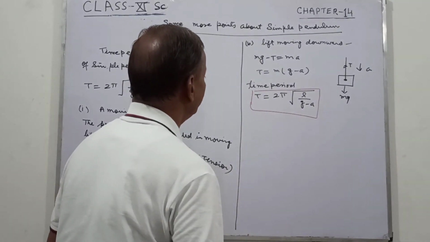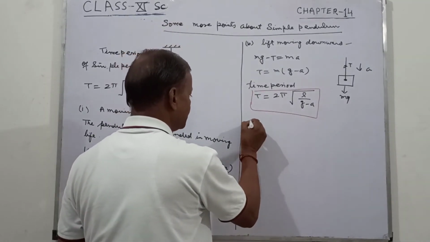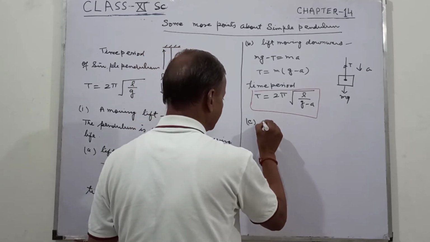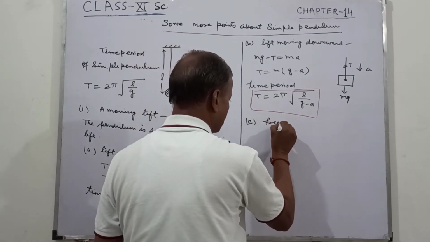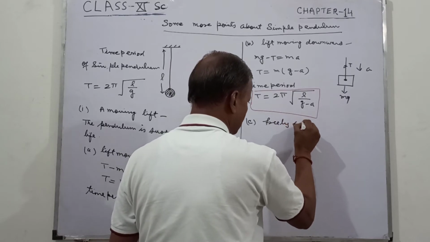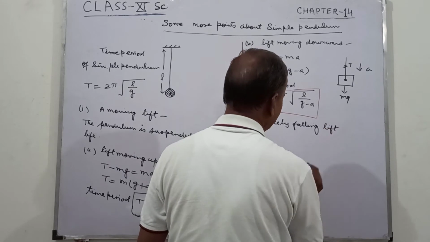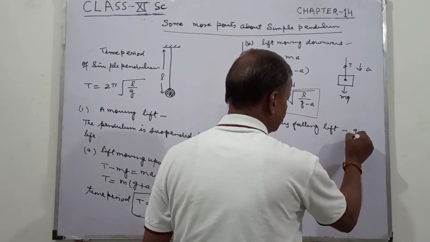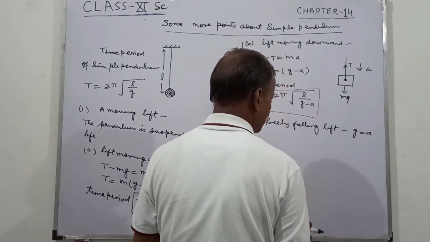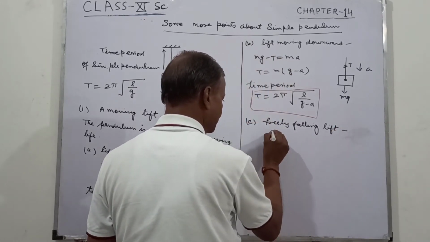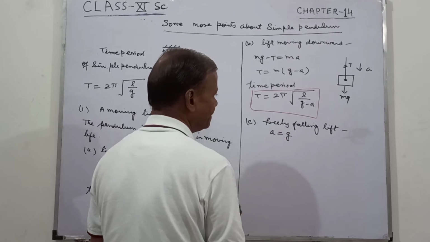And C, freely falling lifts. For a freely falling lift, a is equal to g.